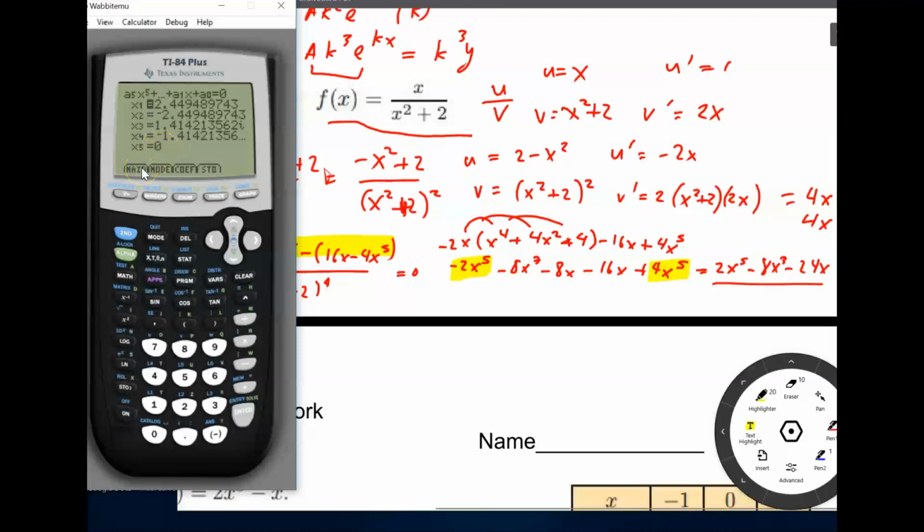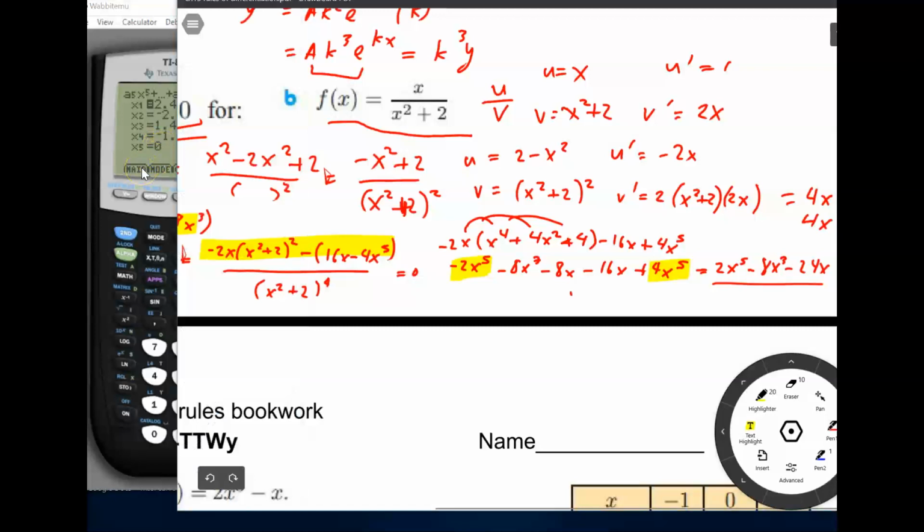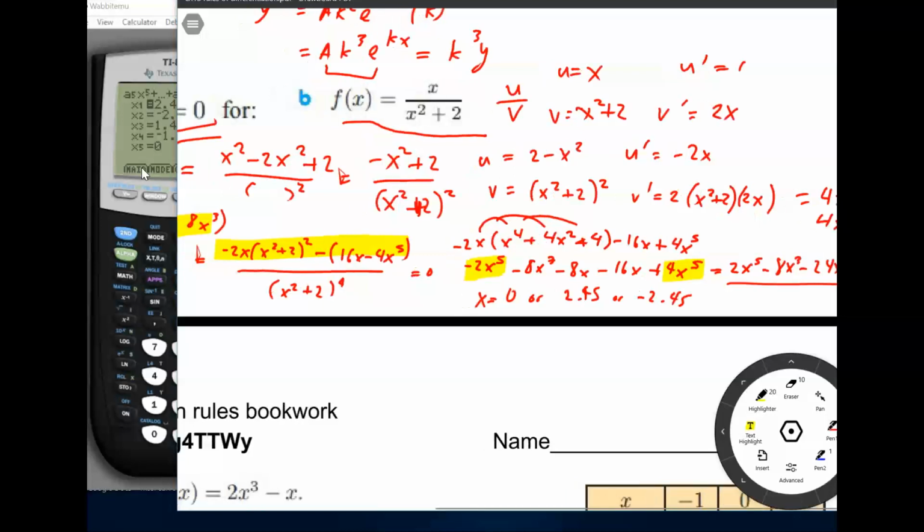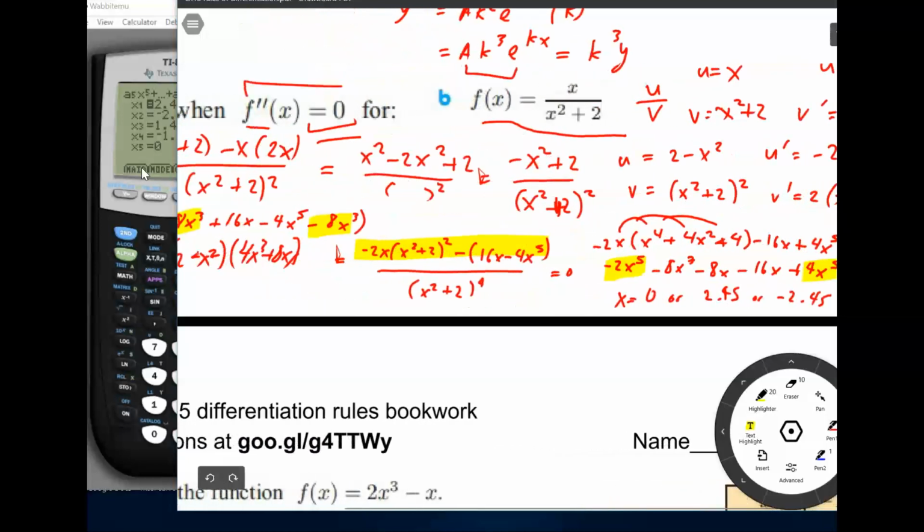So those are the 3 possible solutions. So x equals 0, or 2.45, or -2.45. So those are the 3 x values which can give you 0 for the second derivative.